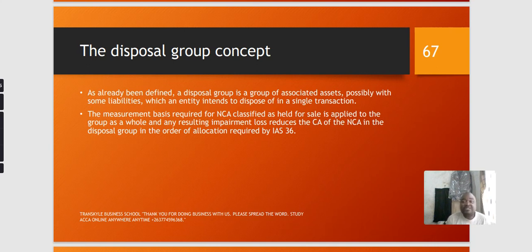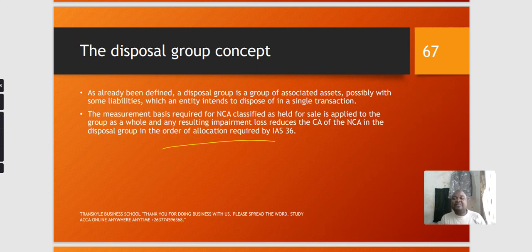The measurement basis required for non-current assets classified as held for sale is applied to the group as a whole, and any resulting impairment losses reduce the carrying amount of the non-current assets in the disposal group in the order of allocation required by IAS 36. So the application of IAS 36 is still relevant here.